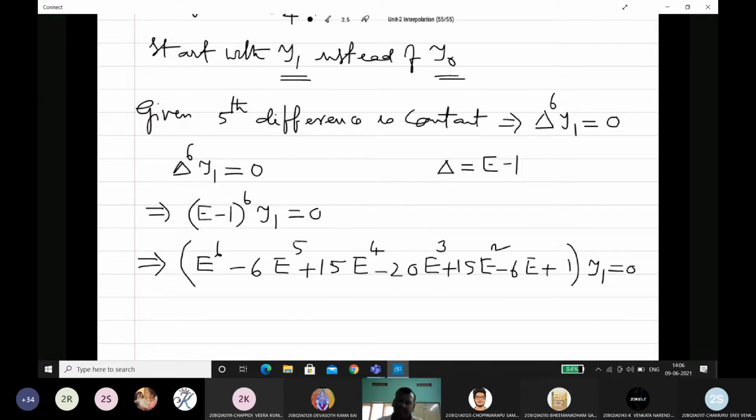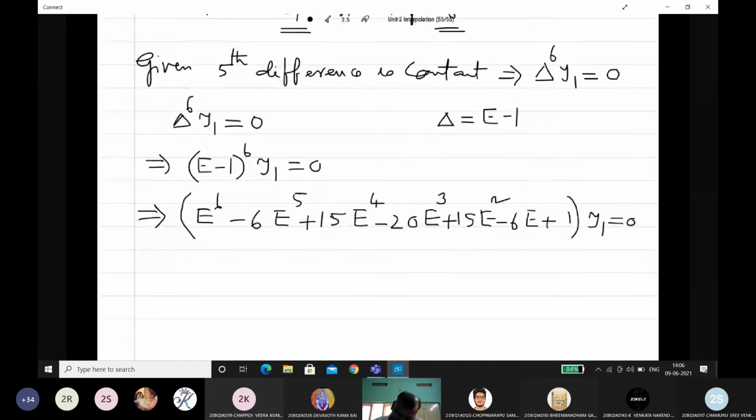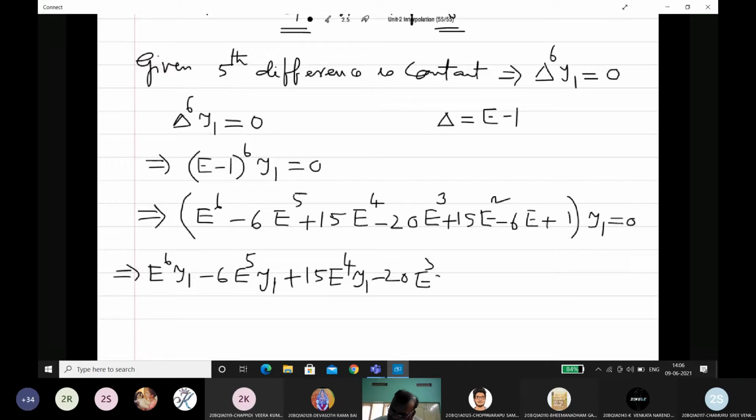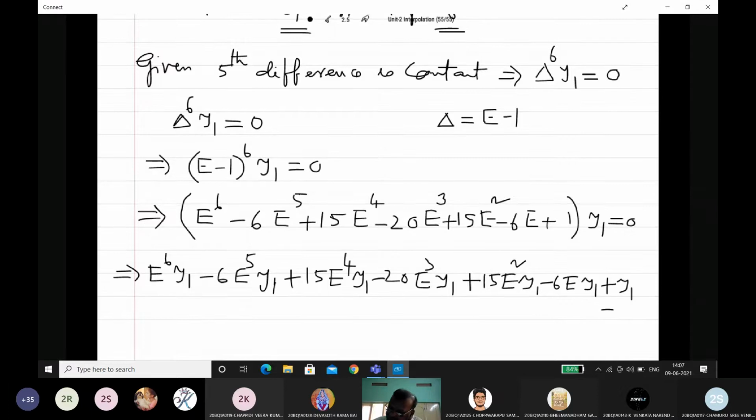Now take y1 inside that function. We apply the formula. That is equal to E⁶ of y1 minus 6 E⁵ of y1 plus 15 E⁴ of y1 minus 20 E³ of y1 plus 15 E² of y1 minus 6 E y1 plus y1 is equal to 0.